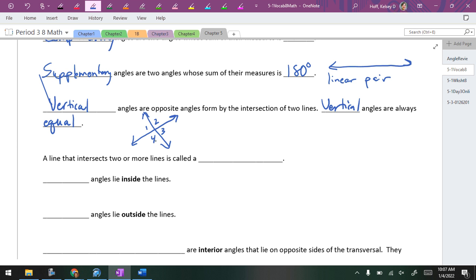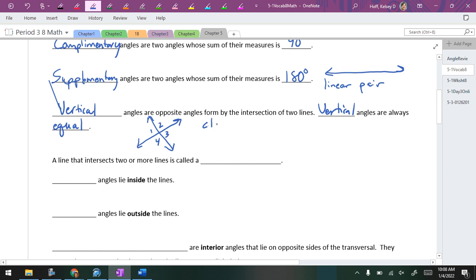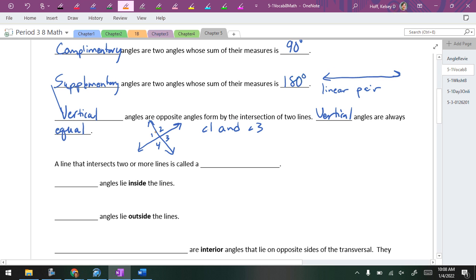Angles that are opposite of one another. Ms. Hoff always talks about they share the vertex and go in opposite directions, so they are vertical. So angle 1 is vertical to angle 3. Angle 1 shares a vertex but is the opposite direction of angle 3. They're equal. They're called vertical angles.